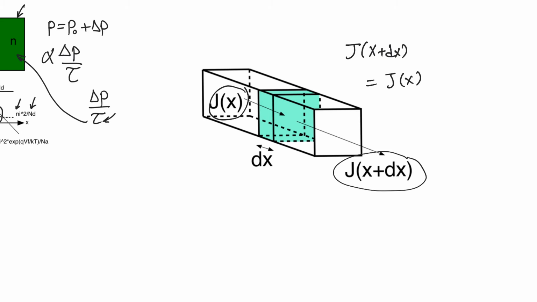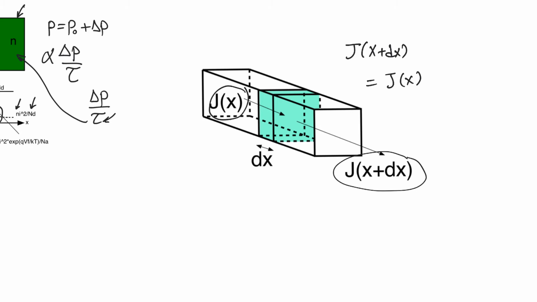So basically, when we talk about steady state current conduction in a piece of silicon, we were generally talking about J of x equaling J of x plus delta x. There is no difference between the current going into a cross section and the current exiting another cross section, because current in the steady state is equal through every cross section of the conductor.